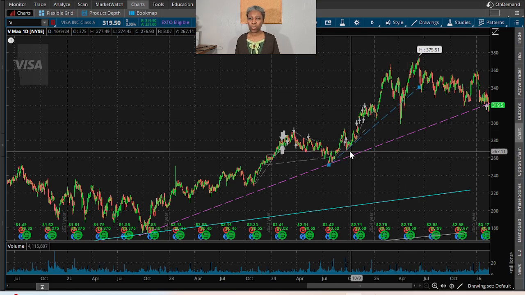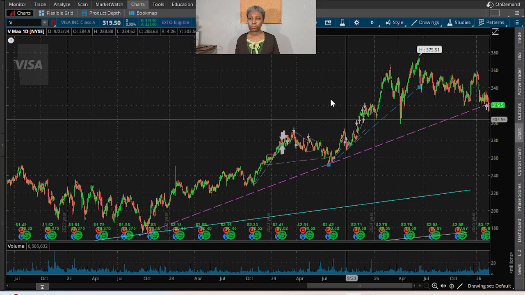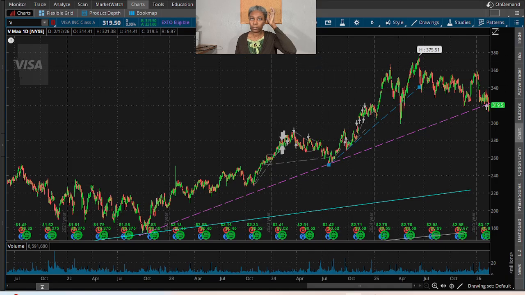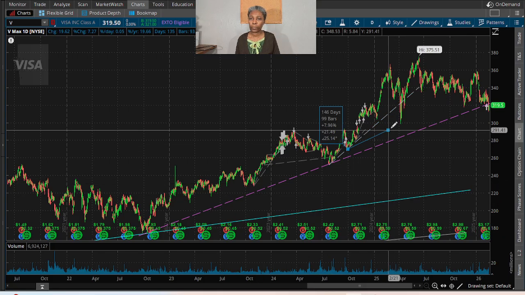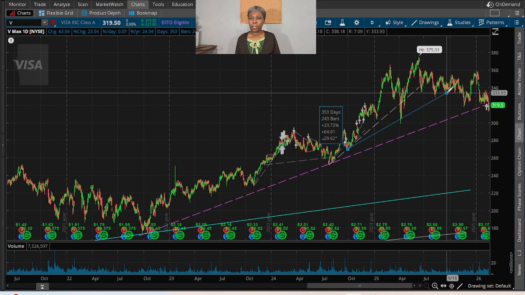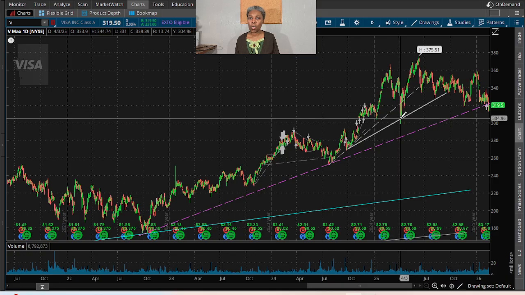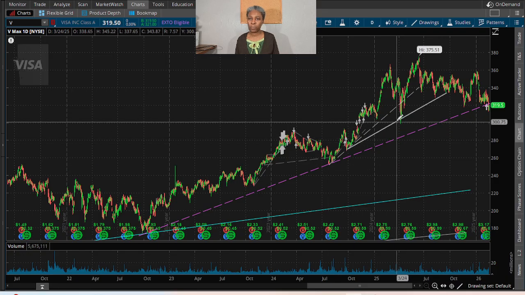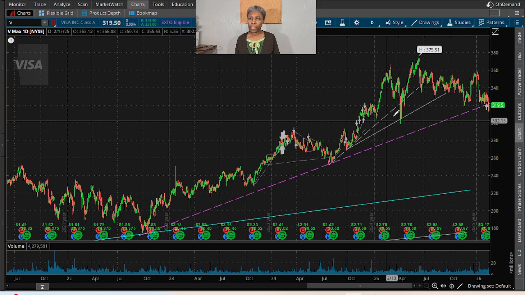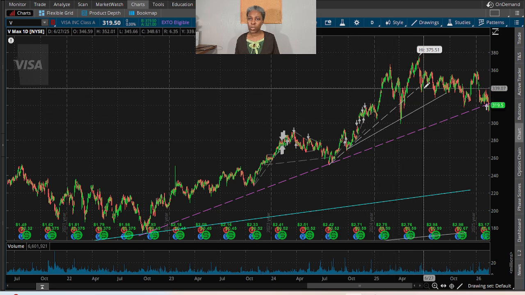So we can try another one, to go right at the bottom of that dip, but clearly it could be this one.